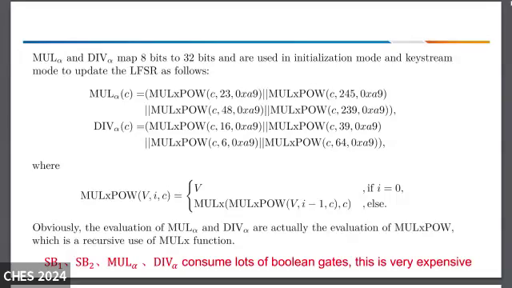So SB1, SB2, mul_alpha, and div_alpha consist of a lot of Boolean gates. So if we just use gate bootstrapping, it will be very, very expensive.